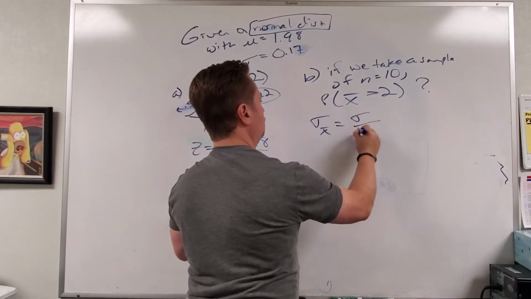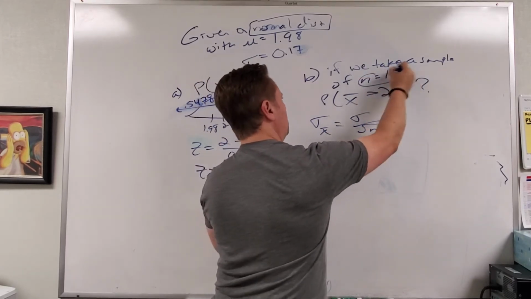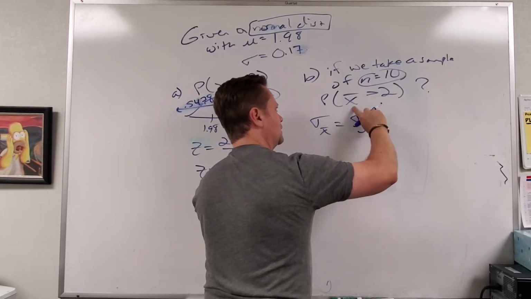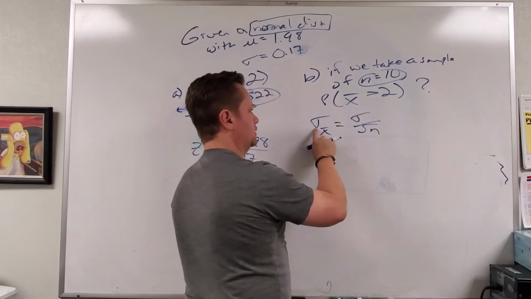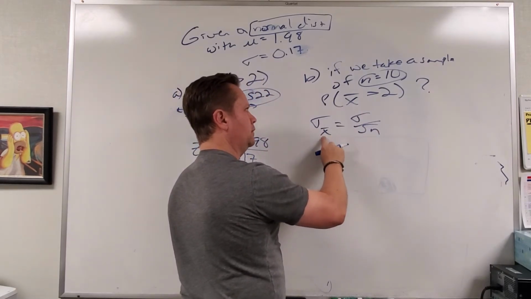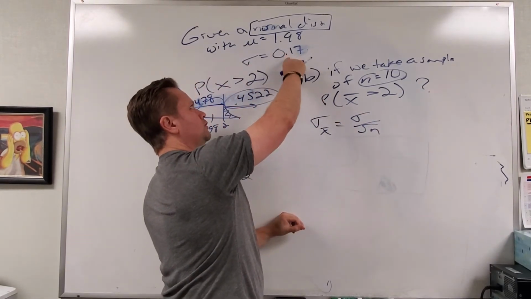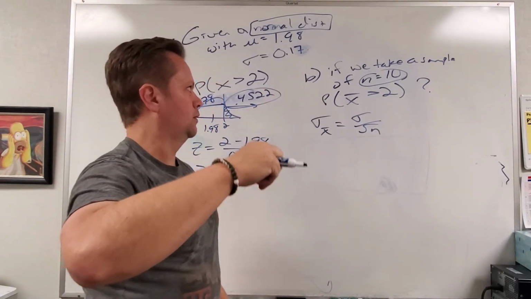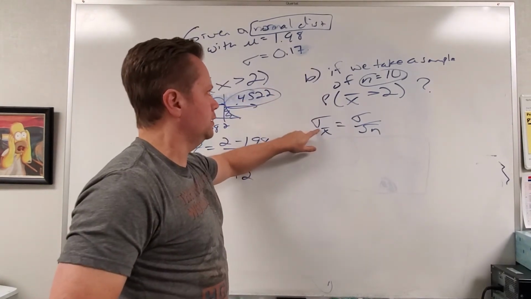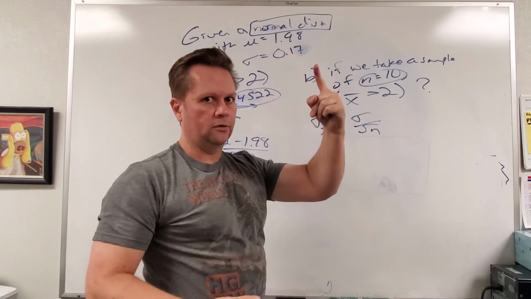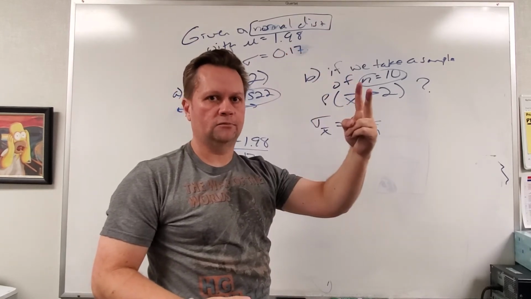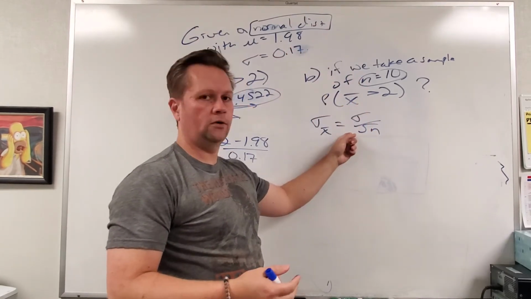Well, I have to use this formula when I take a sample and I ask about the sample mean, because I need the standard deviation that works for sample means. This standard deviation works for individual values. So when do I do this? When I take a sample and I'm asked about the sample mean. Those are the two triggers to know when to do this.